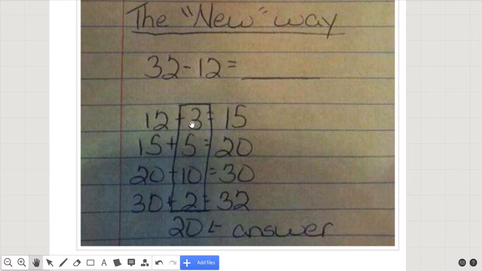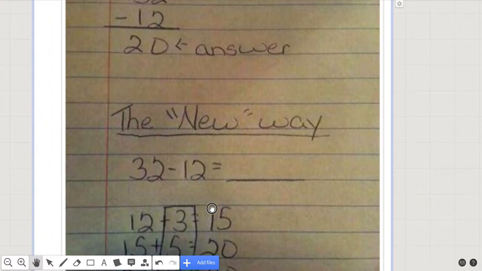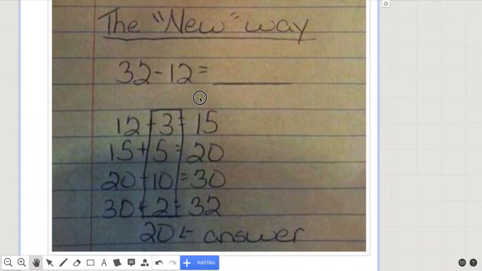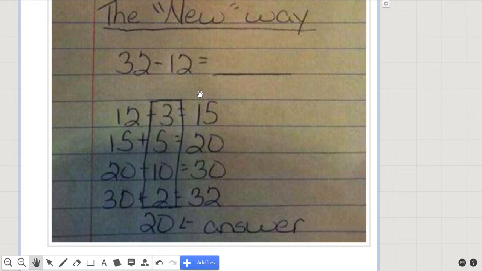They say, oh, well, 12 plus 3 is 15, and I know 15 plus 5 is 20, and 20 plus 10 is 30, then 30 plus 2 equals 32. So I can add up all of these to get 20, instead of just stacking it up and getting 20. I fully understand why somebody would be frustrated with this, because this is not how I would teach it.